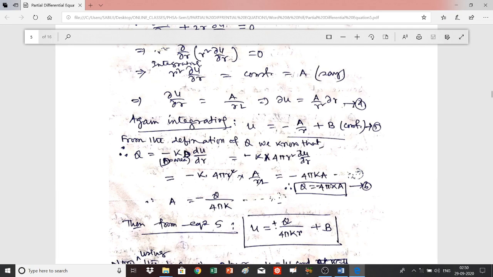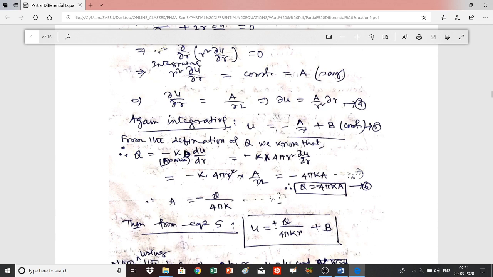From this equation you can write a is equal to minus q by 4 pi k. So this is the value of a. Now from equation 5, you have u is equal to minus a by r.